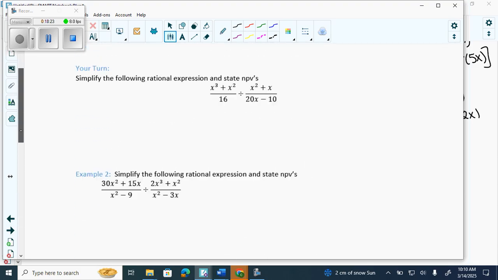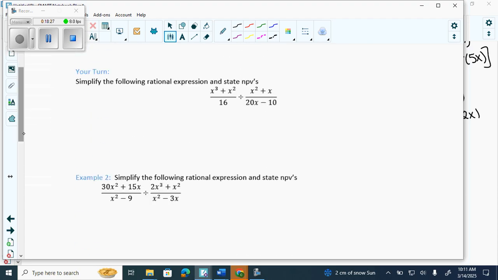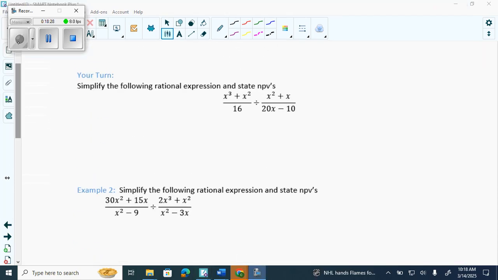These 3, please. Your turn, example 2, and your turn. Go. Okay. So we have x cubed plus x squared over 16 divided by x squared plus x over 20x minus 10, because I don't want to start my work in the middle of the page.